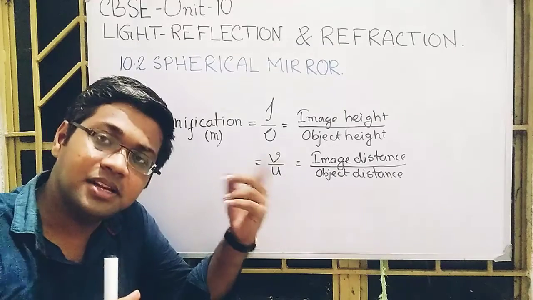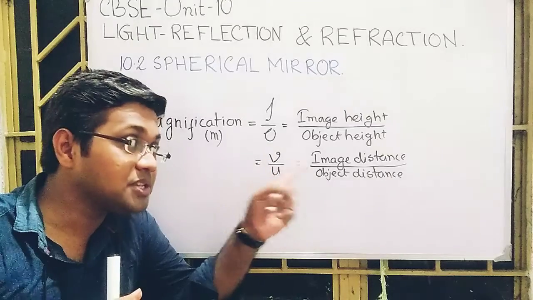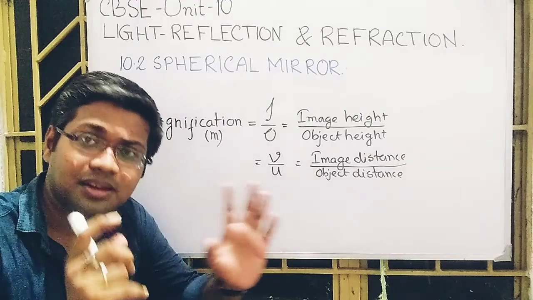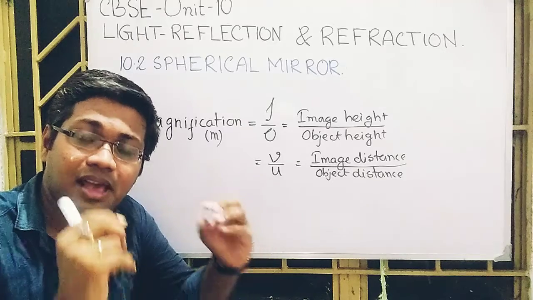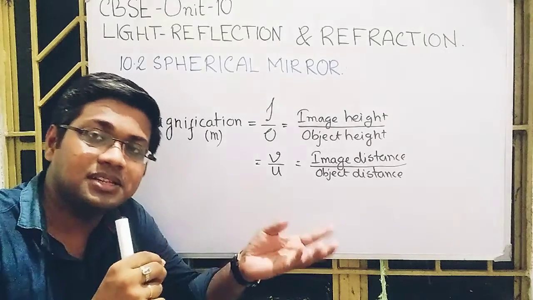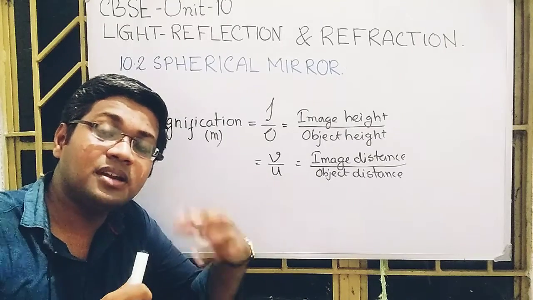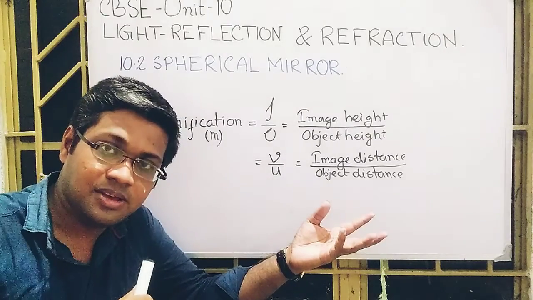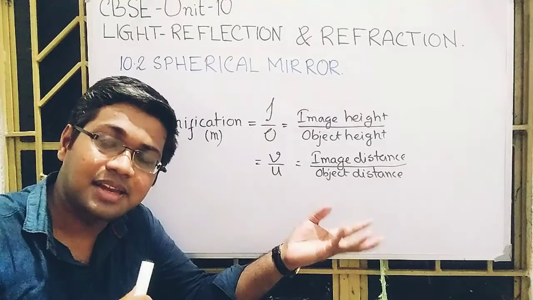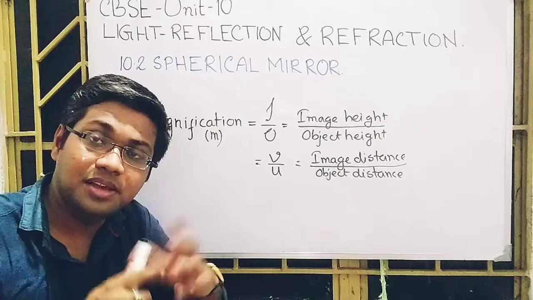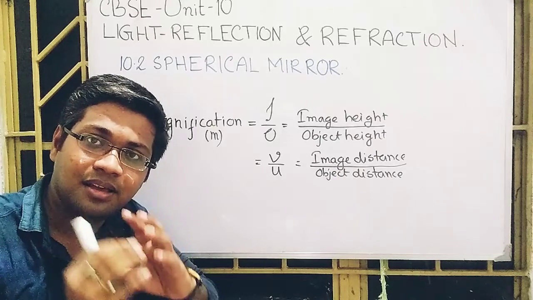If V is greater than U, then the image distance is greater than the object distance. Just think it clearly. And if the image distance is greater than the object distance, then the image is formed at a larger distance from the mirror than the object. So what information do we get? I try to relate.